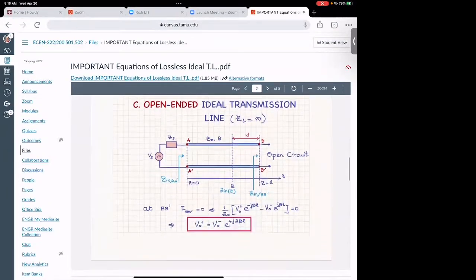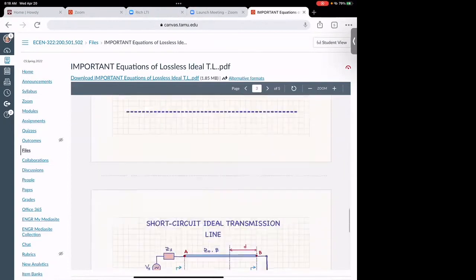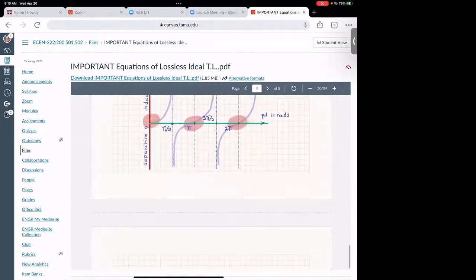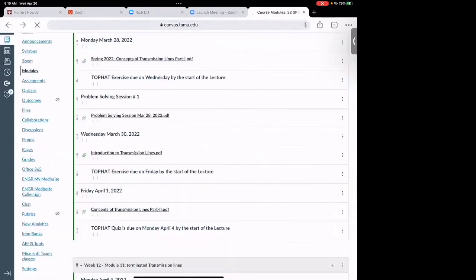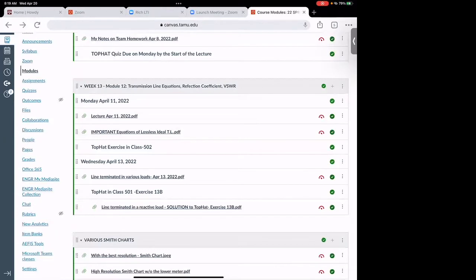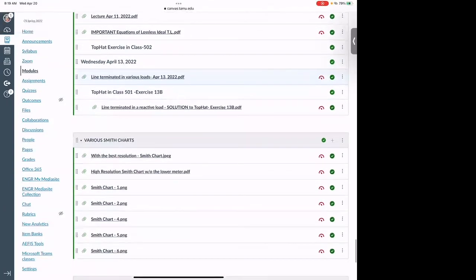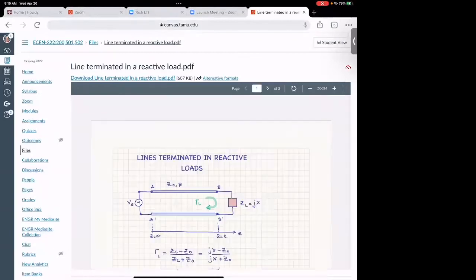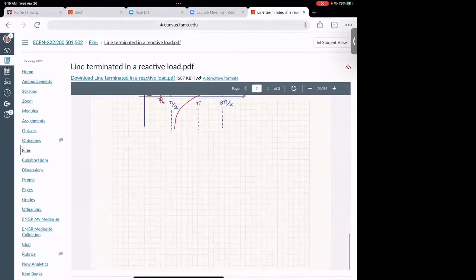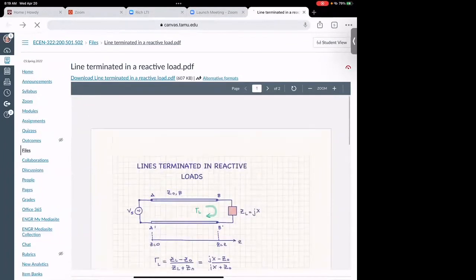So from these equations here, in the previous ones, you have the important equations of lossless lines. Okay, let's see this one. This is the one, this is the solution.